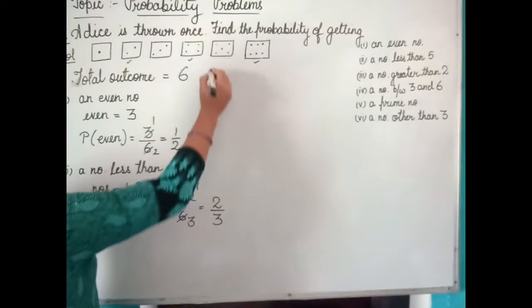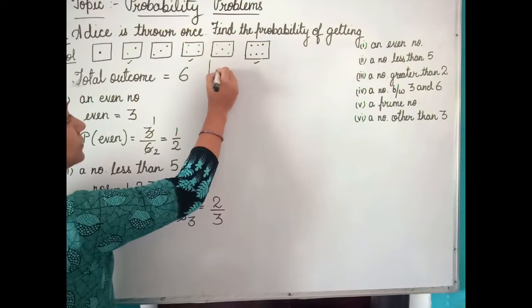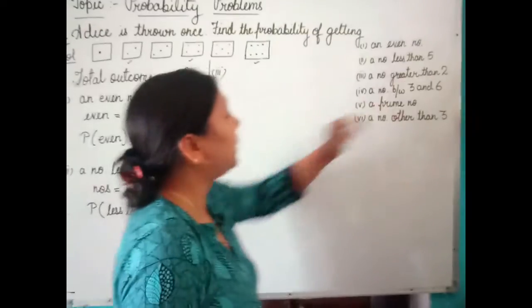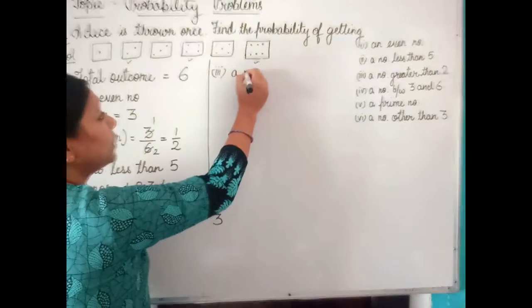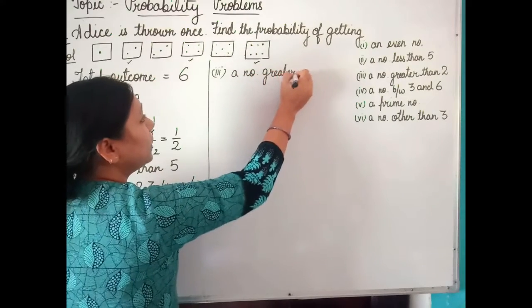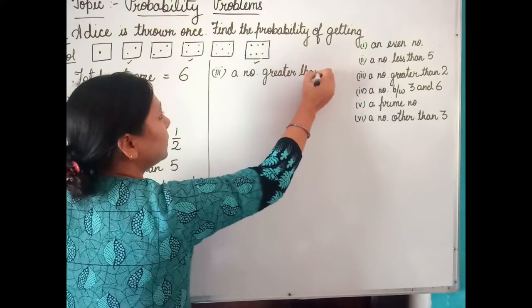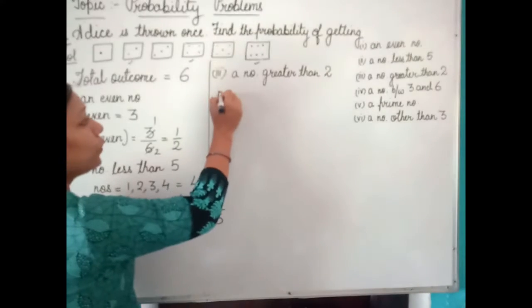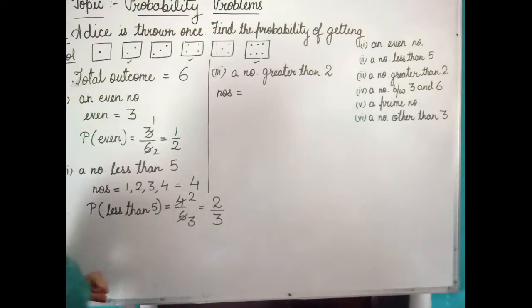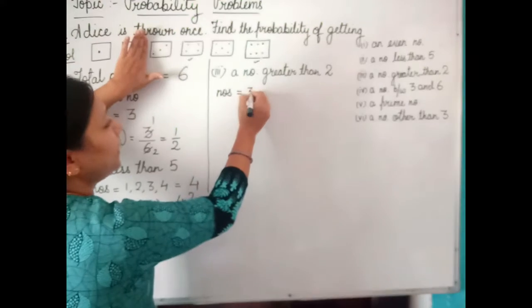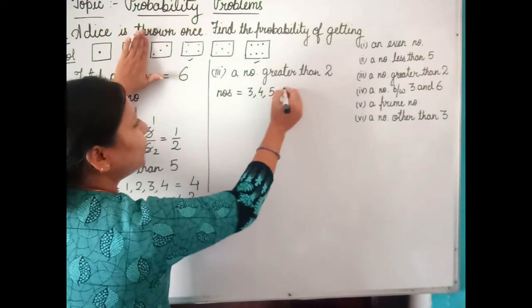Coming to the third part. In the third part, what we want is a number greater than 2. What are those numbers which are greater than 2? Greater than 2 means 1 and 2 are not included. That is 3, 4, 5 and 6.